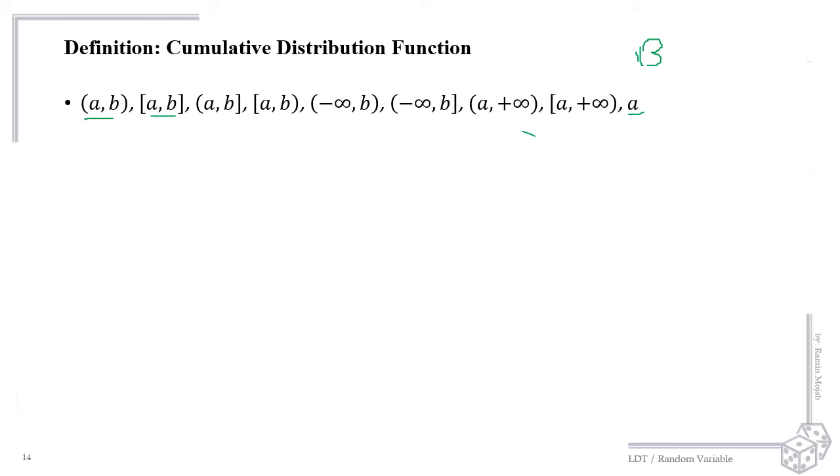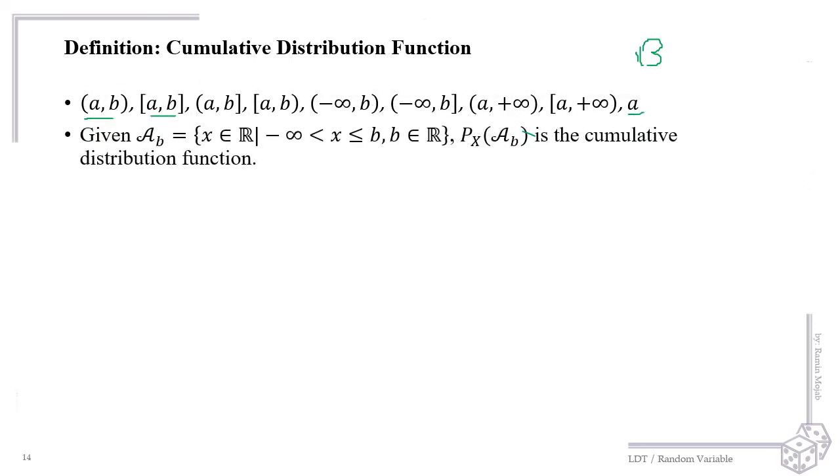We need an agreement here, and this is why the cumulative distribution function is defined. The agreement is on this interval or this set. The value of the distribution function at this set is the cumulative distribution function for a given b.